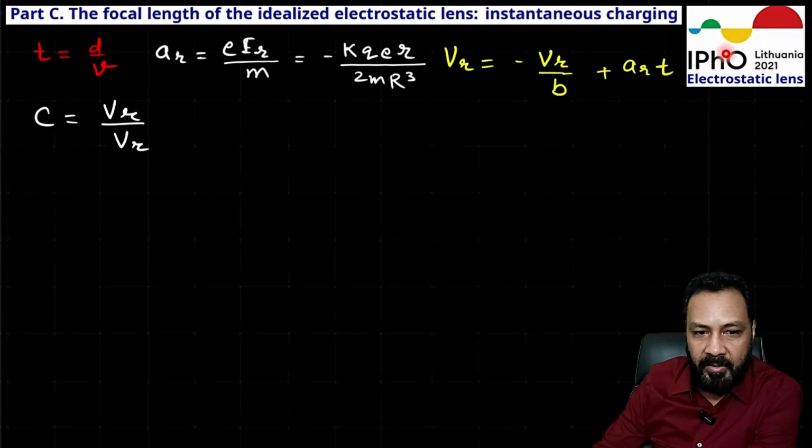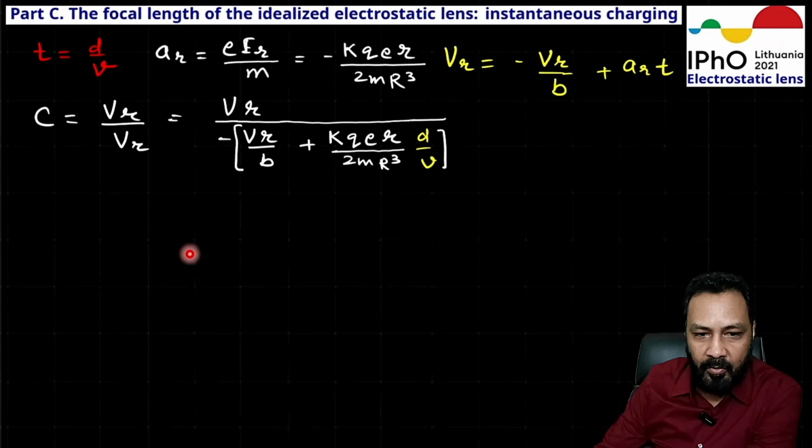So once again all those things are written here. Time was this, ar is this, vr is this, and c is this. So put all those things. So v into r, that is vr, the radial one, so that whole thing we are writing here. So minus vr plus ar t.